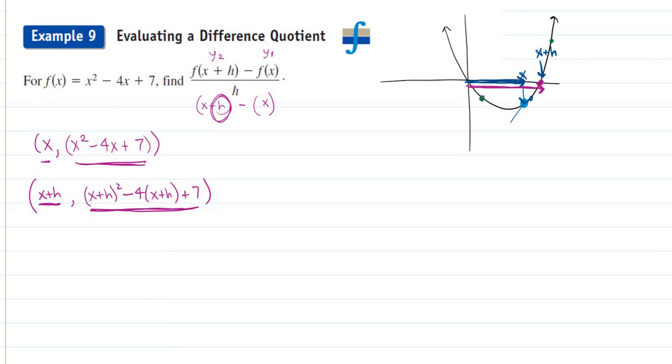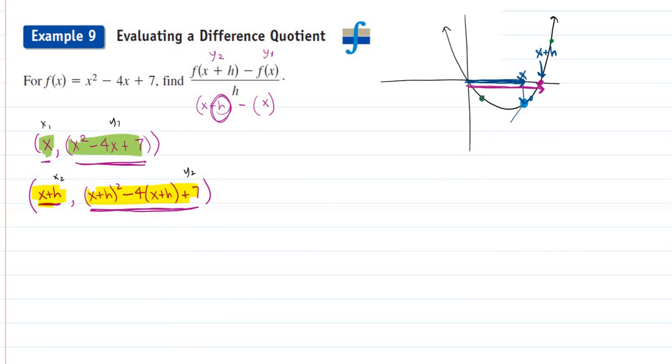right? Where this is x, this is y, this is x, this is y. And like I said, what we're doing is we're just going to use the slope formula, change in y over change in x. So lots of calculations to keep track of, but this is going to be y2, this is y1, this is x2, this is x1.